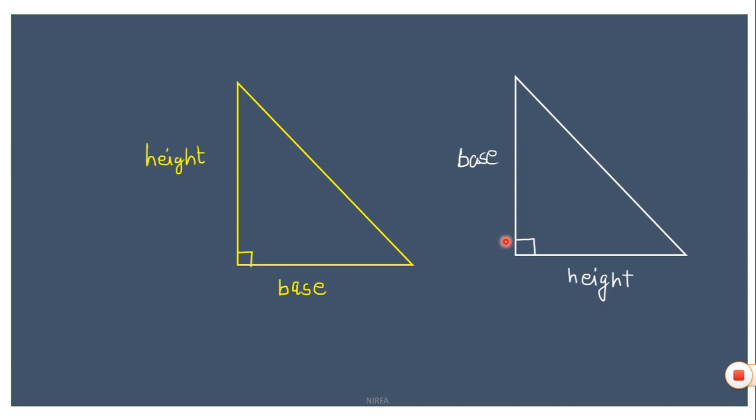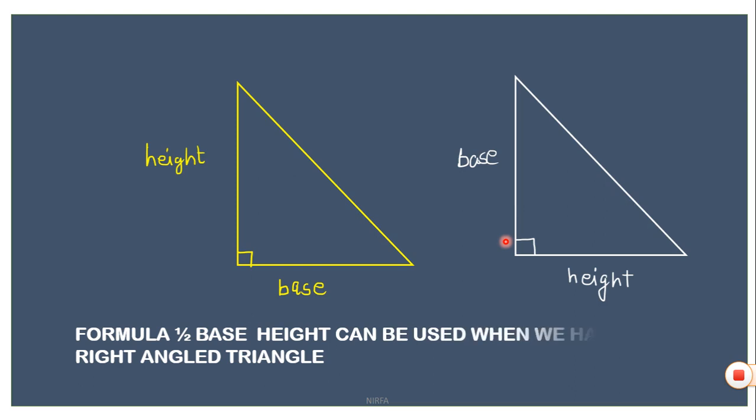All right. That means we can use the base height formula of the area of a triangle only when we have a right angle triangle.